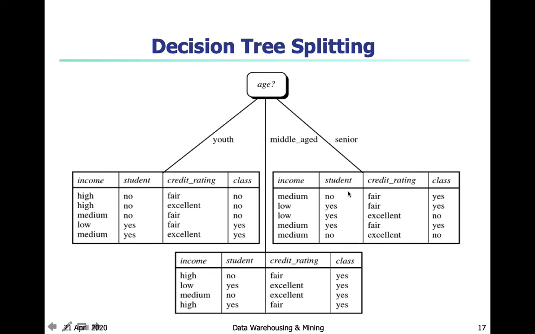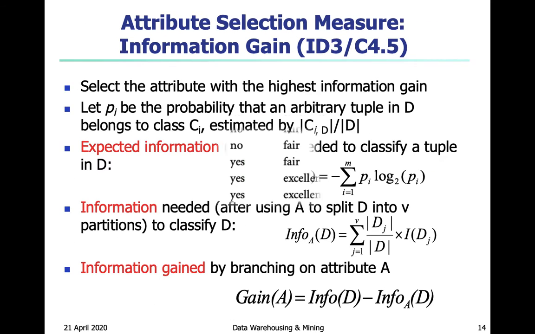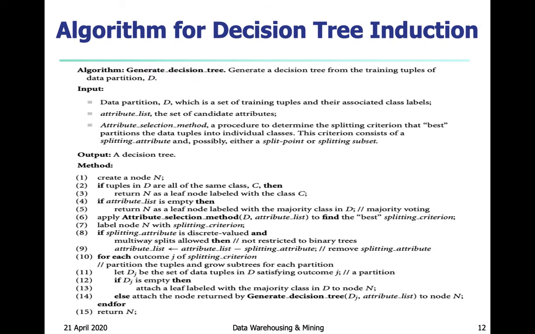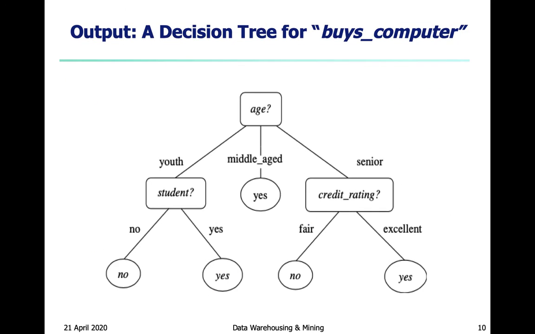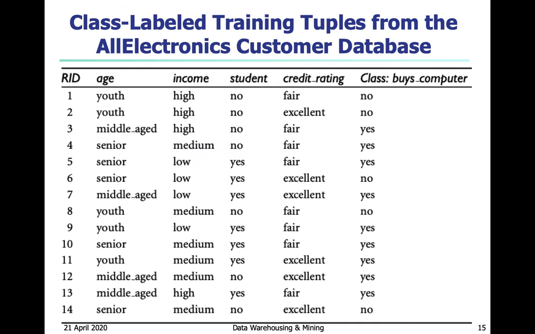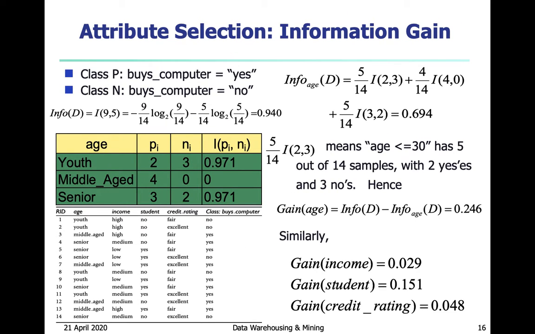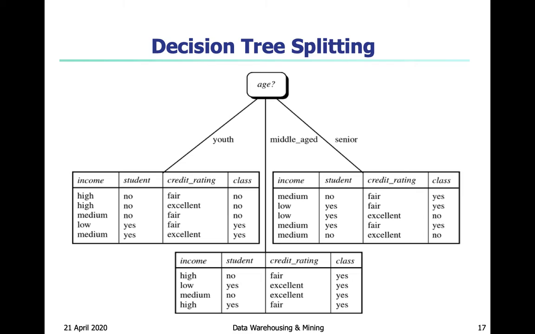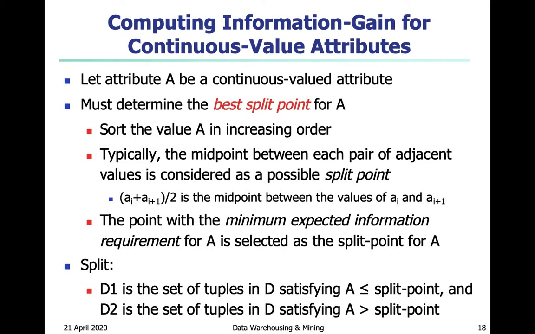Here also it is the same, that again we'll find which one is the best splitting criteria, to ultimately come to this decision tree, right? So this is one of the attribute selection measures by which you can find the best splitting criteria.